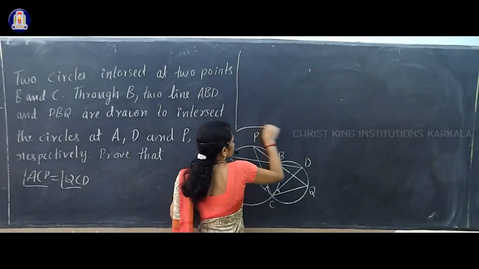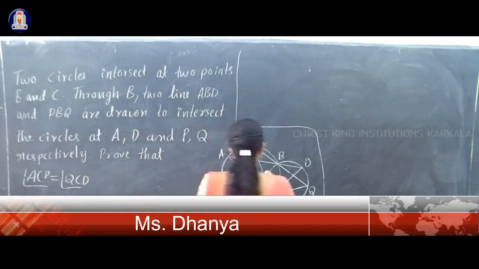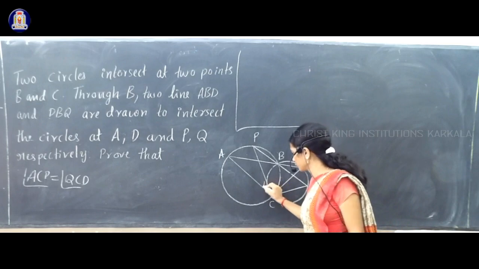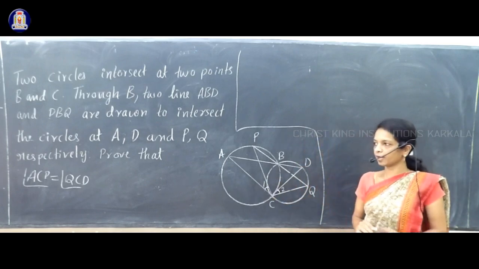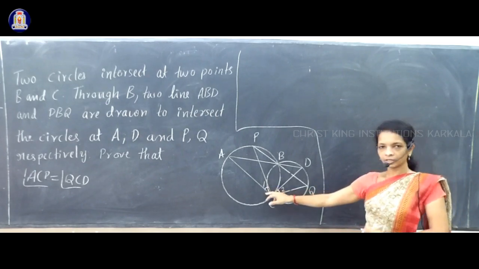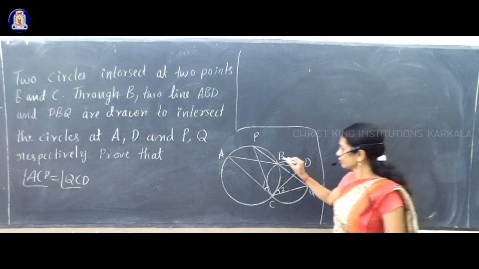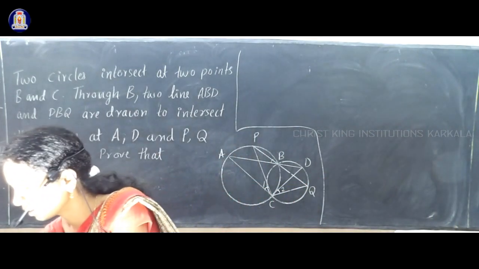Then we mark something extra there. Okay. So here you take these two angles as angle 1 and angle 2. These two angles, angle 1 and angle 2, we have to prove they are equal. So you take that as angle 1 and angle 2, short name of that. And here I'll take these two angles, I'll mark that in a different color.